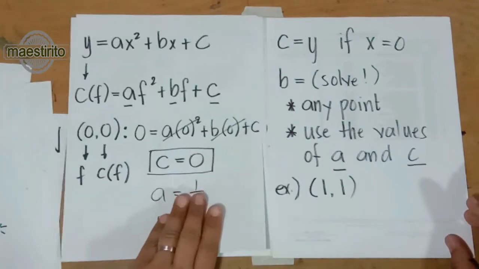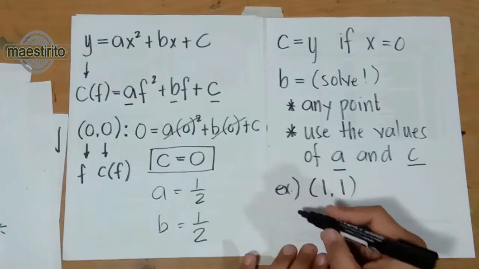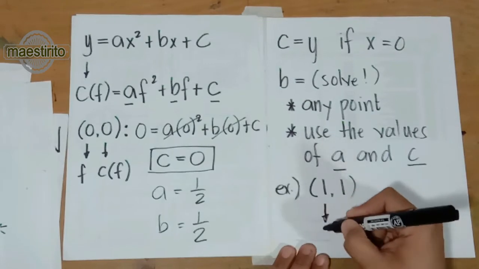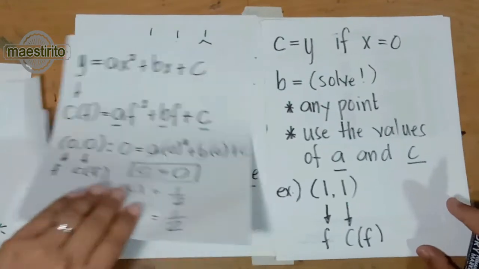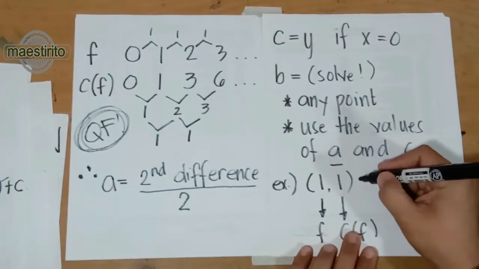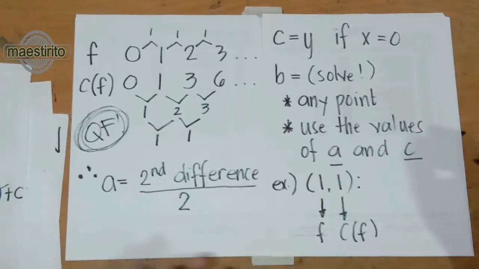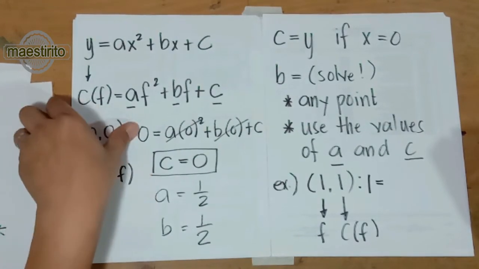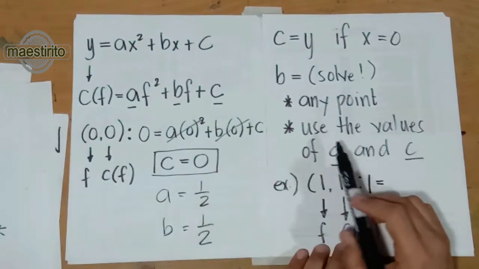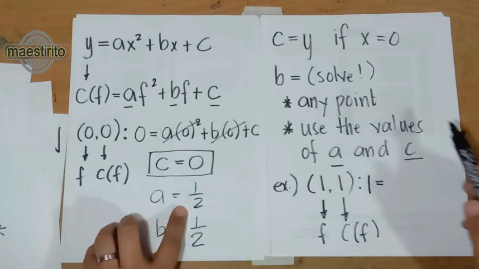So going back to this equation, our C of F, this is my F and this is my C of F. So from here, C of F is 1, equals A, which we got as 1/2. So it says here to use the values of A and C. We already have A, which is 1/2, and C, which is 0.